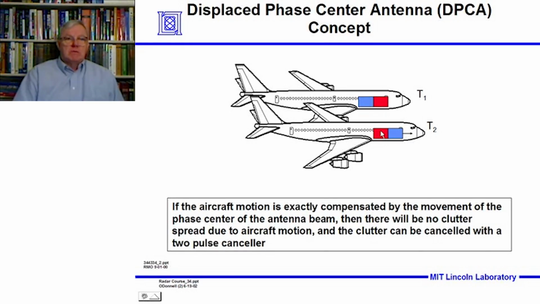But in simple terms, that's how the displaced phase center antenna concept works. We illuminate different elements, different chunks of the antenna to compensate for the motion of the plane. And that causes the clutter return spread that's due to the aircraft motion to not be there and to be canceled out.